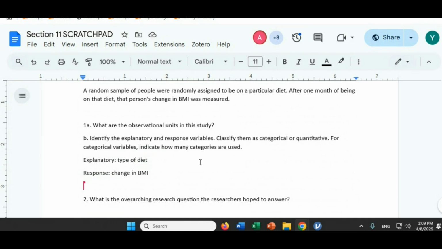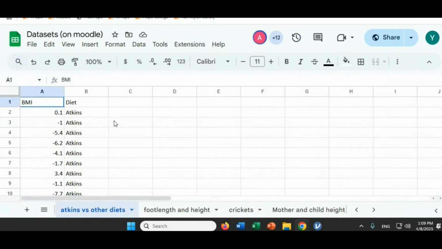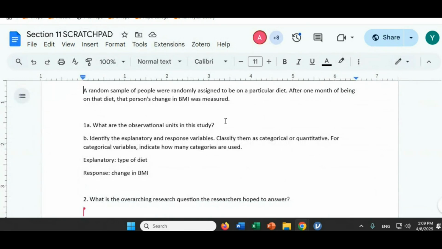Because if you didn't put the word change, does it make sense? I mean, who has a negative BMI? No matter how thin you are, that's not going to happen. BMI doesn't work that way. So the fact that there are negative numbers means they recorded the change in BMI. Good. So the response is the change in BMI. Is it quantitative? Yes.